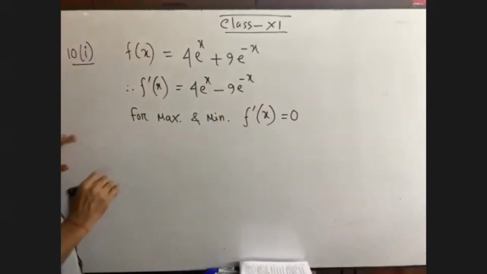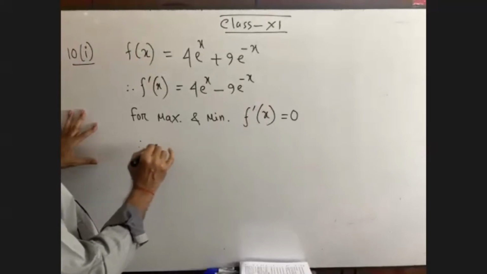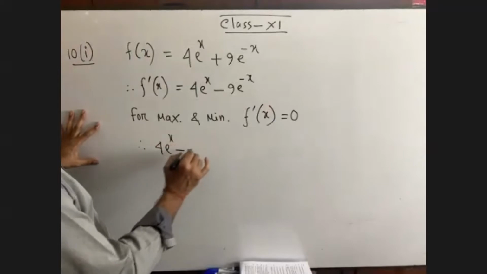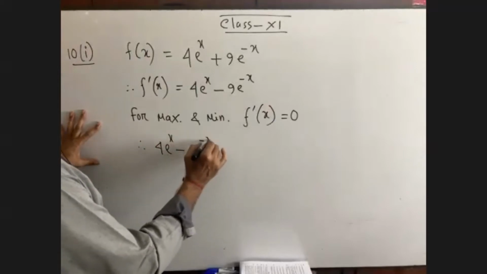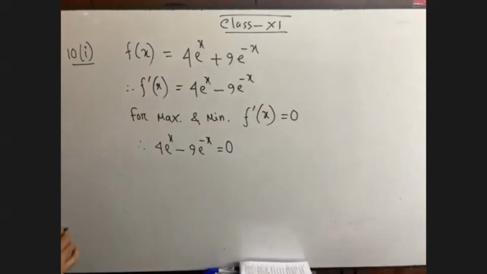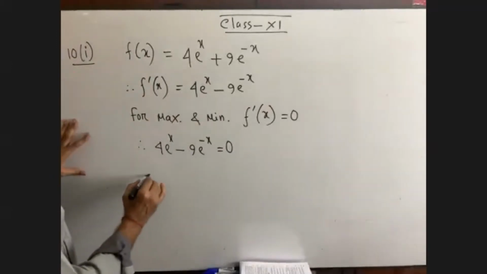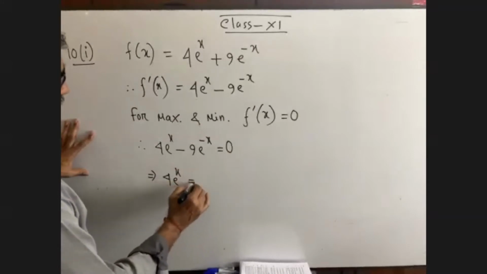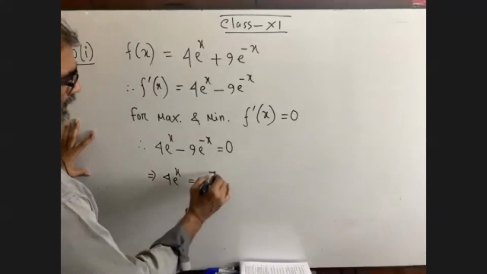So from here we get 4e^x minus 9e^(-x) is equal to 0. That means 4e^x is equal to 9e^(-x).